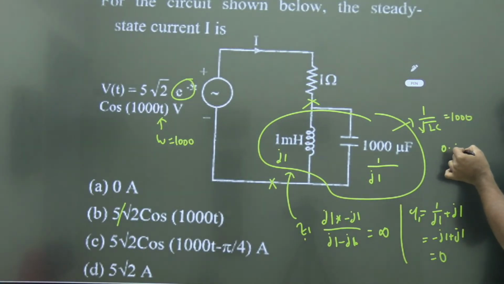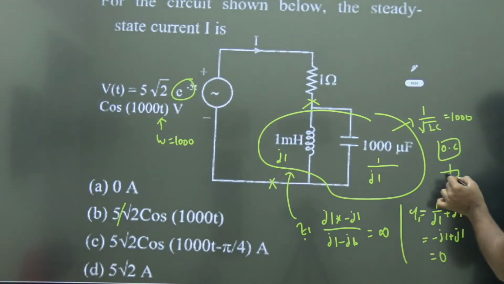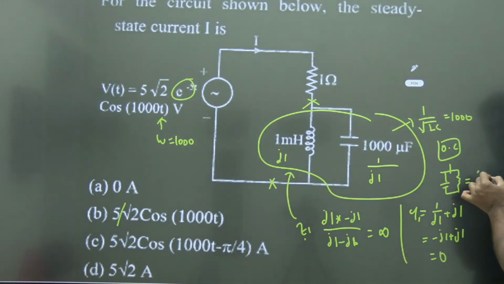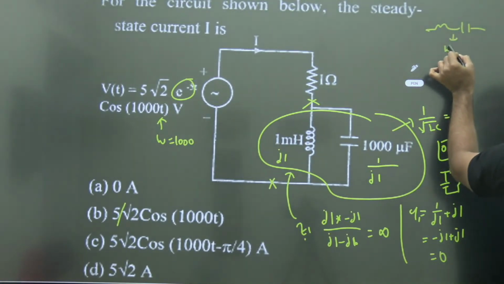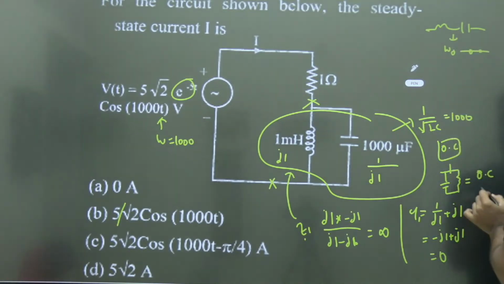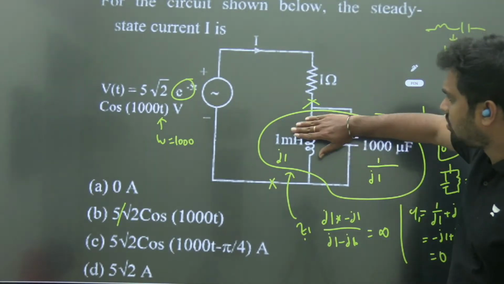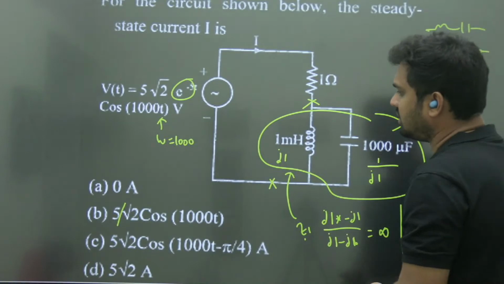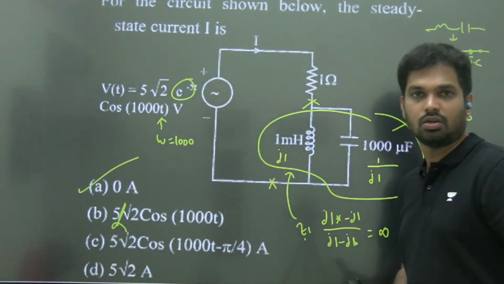So in a parallel LC, the resonant circuit will be an open circuit. If it is a series LC circuit, at omega naught it is a short circuit. Okay? So in any way you can say it is an open circuit, so no current will flow in the steady state. Option A.